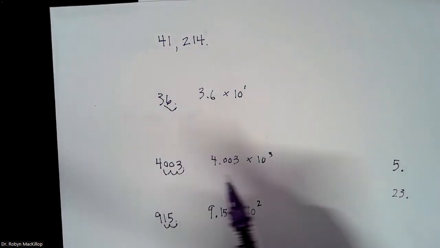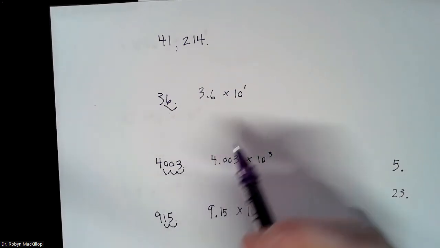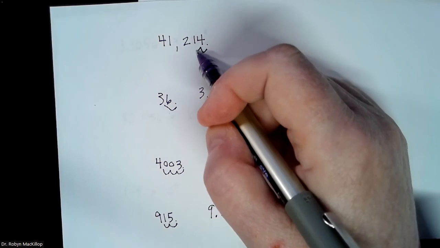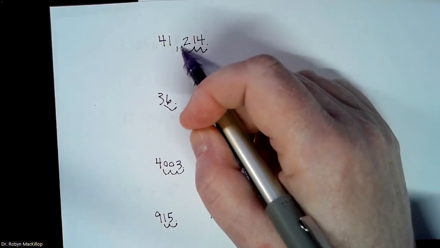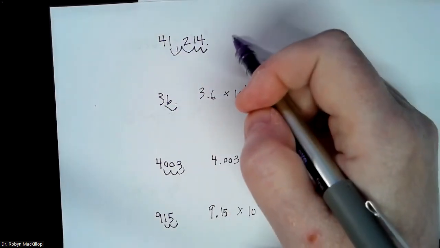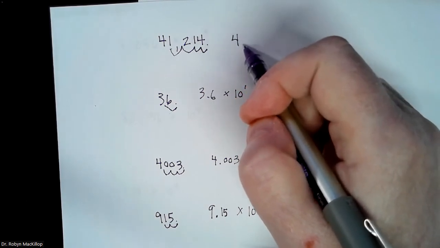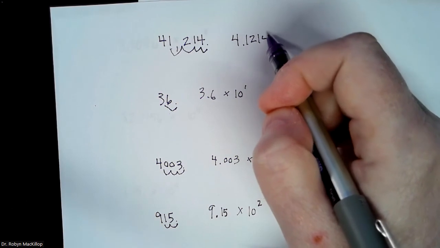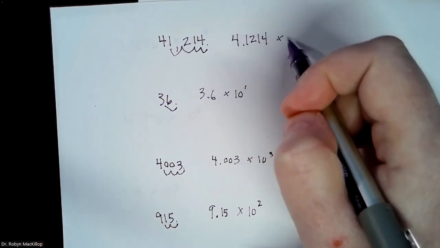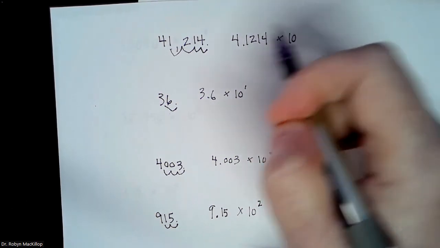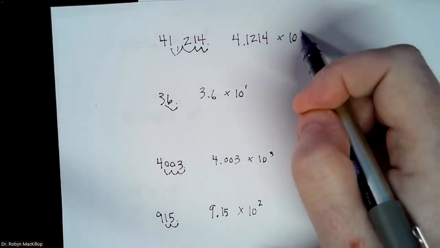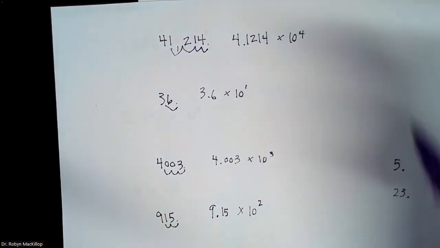Now let's do the big one up here, 41,214. Again, one whole number in front. 1, 2, 3, 4. So this is going to be 4.1214 times 10. Make sure 1, 2, 3, 4. 10 to the 4th power.